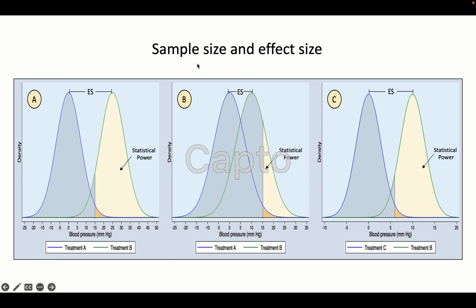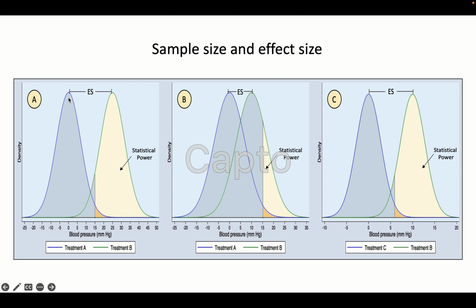Something similar happens with the effect size, and again, this is in the hypothetical case that you are not increasing your sample size. If you are not increasing your sample size and you want to modify your effect size, this is what happens in terms of the statistical power.